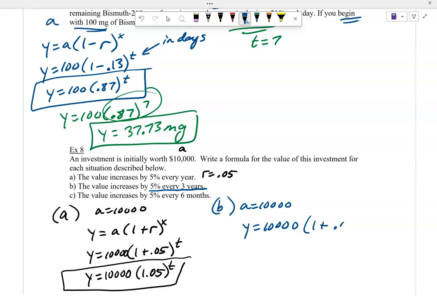If you're going to leave this as 5%, then you got to cut this in a third, right? Every 3 years that happens. So if you think about that, after 3 years, if I plug 3 in for t, I would have 3 over 3, which is 1, and it goes up by 5% one time, right? After the 6th year, now it goes up another 5%, so on. That's why I cut that in third.